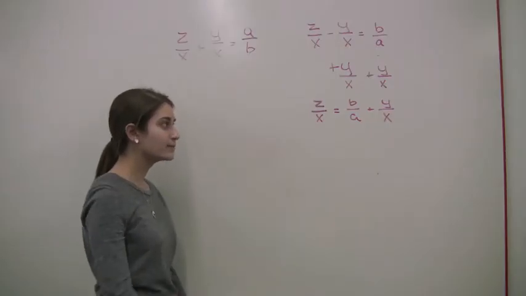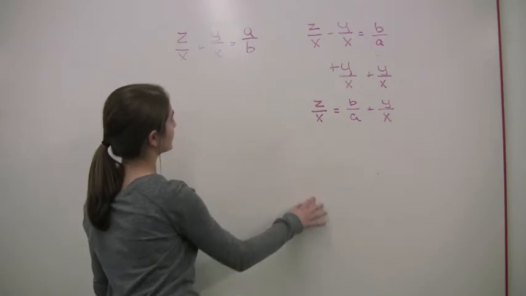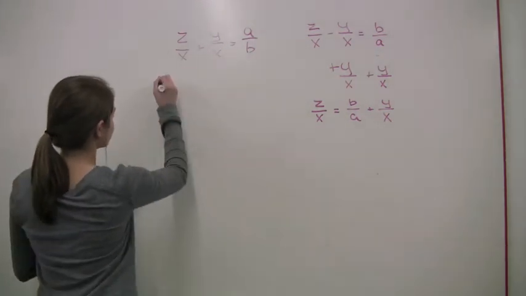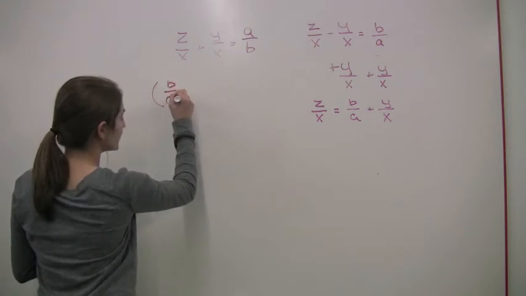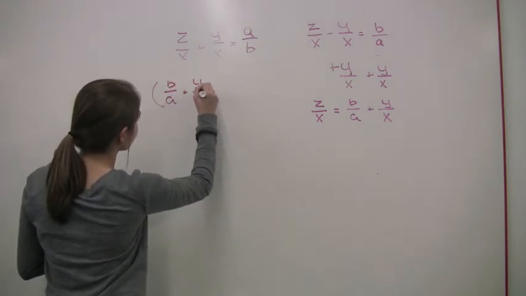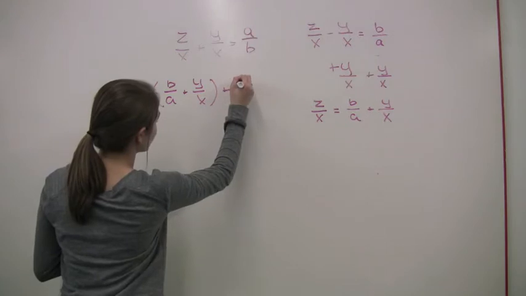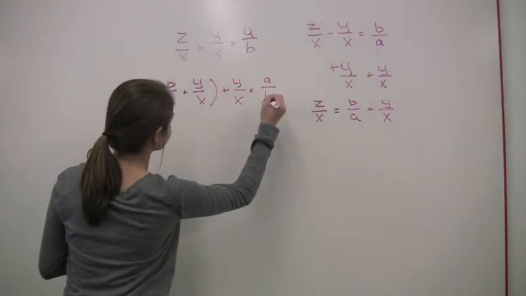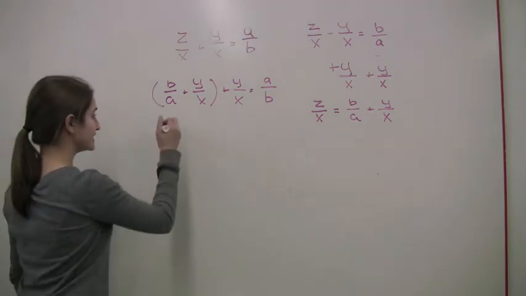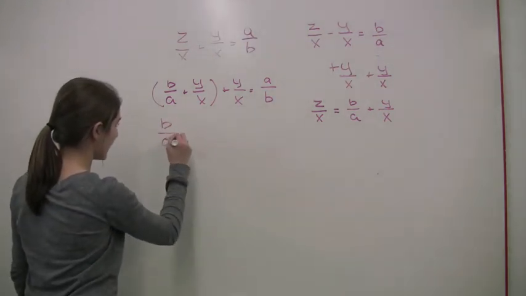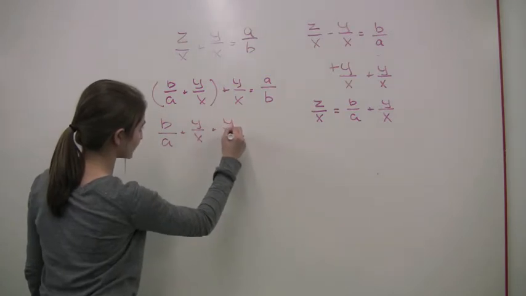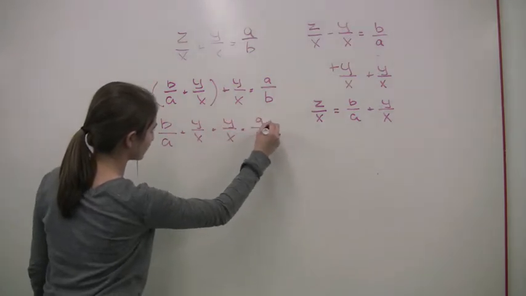As we did before, this equation for z over x can now be substituted into this equation. This results in b over a plus y over x plus y over x equals a over b.